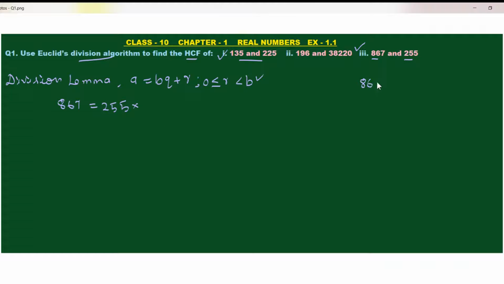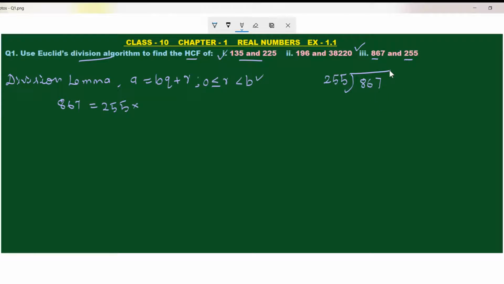Okay. 867, we are going to divide this number by 255. You can see, so this is the dividend. This is the divisor we have taken. According to this formula, a is 867 here, b is 255 here.